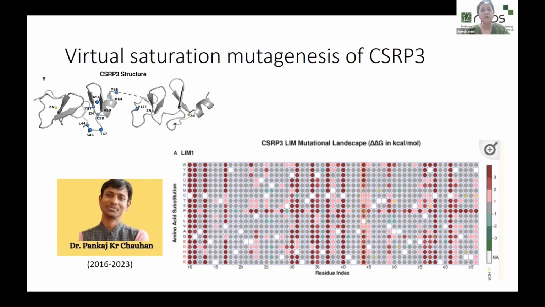And therefore was able to provide a mutational landscape, which provides a computational picture about where mutations can be tolerated and where mutations just cannot be tolerated. And all those which are shown in this dark color are the positions where mutations are not possible to almost any other amino acid. And these are very rigid.